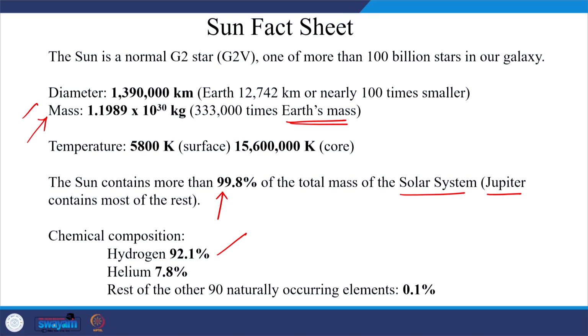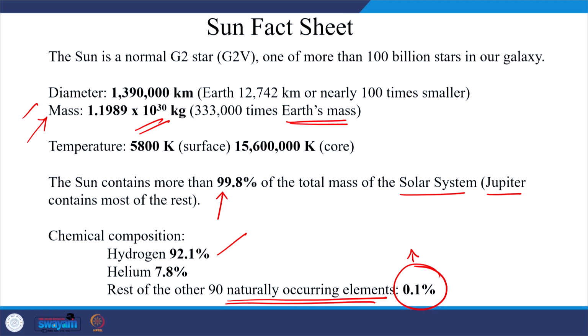Now, apart from hydrogen and helium, most of the naturally occurring elements also constitute up to 0.1% of the solar mass, and 0.1% of this number is still a lot, right? So it's primarily hydrogen and helium.